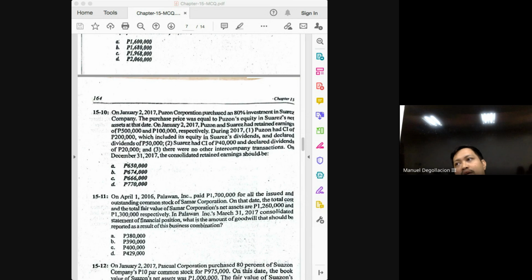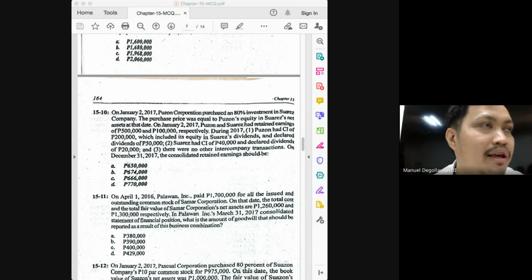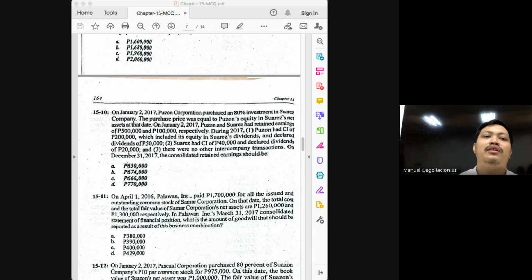And that is why the RE of the consolidated entity at the date of acquisition will just be the same as the RE of the parent at the date of acquisition. Because again, what's the source of the difference between the RE of the parent and the RE of the consolidated entity? Simply the share of the parent in the undistributed earnings of the subsidiary. And it so happens that at the date of acquisition, undistributed earnings will always be 0, class. Okay? It has not yet started.